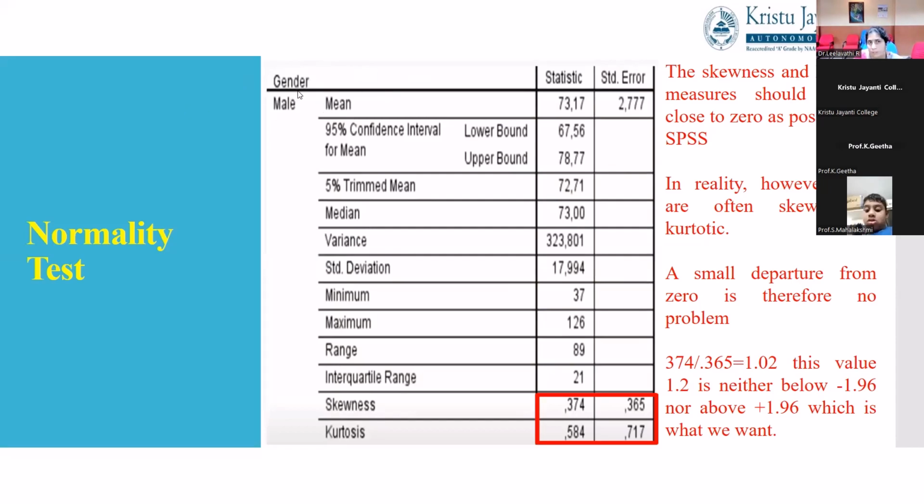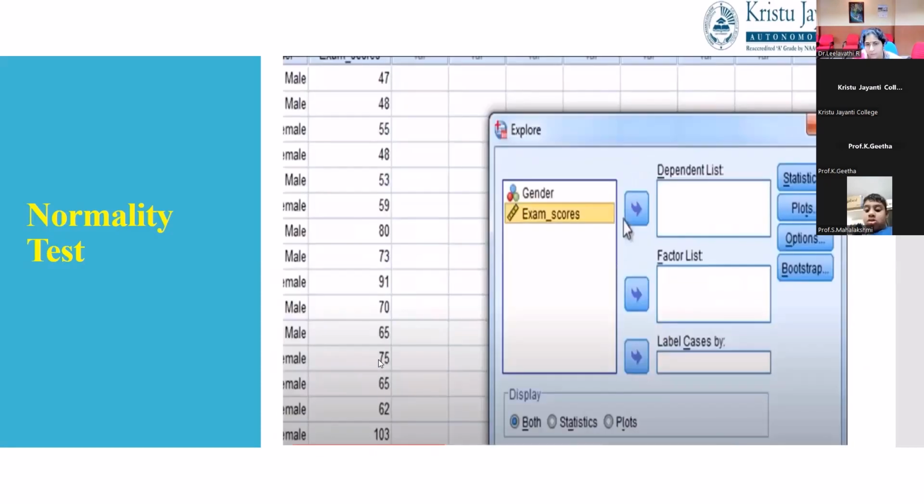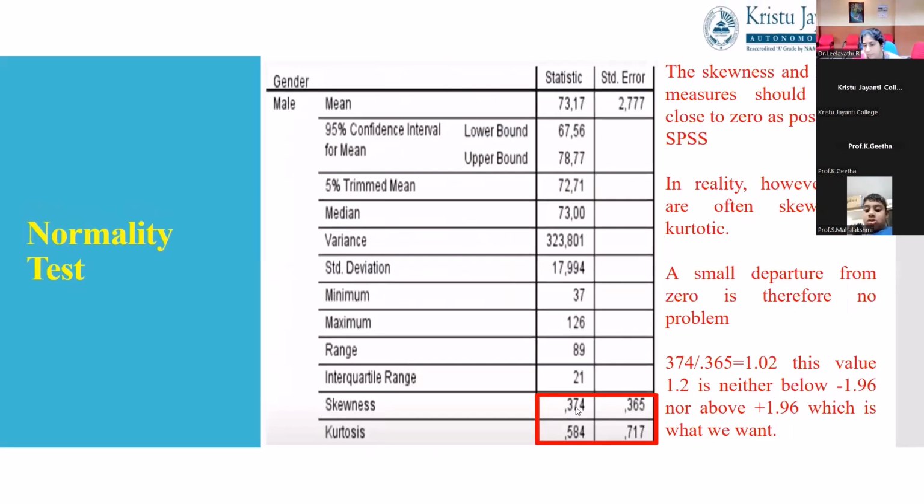Here, for gender, male and female, both will give us skewness as well as kurtosis values. As we said on the earlier screen, the skewness and kurtosis values should be between minus 1.96 and plus 1.96. Here we are getting 0.374 and 0.365, which are within that particular range.